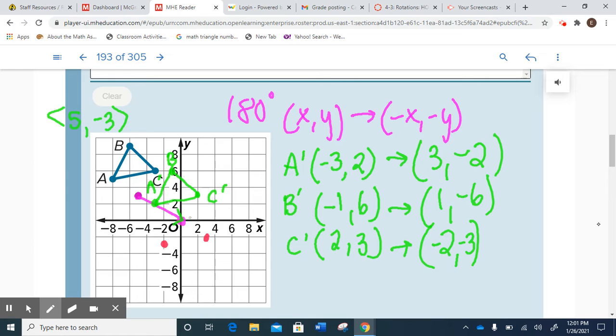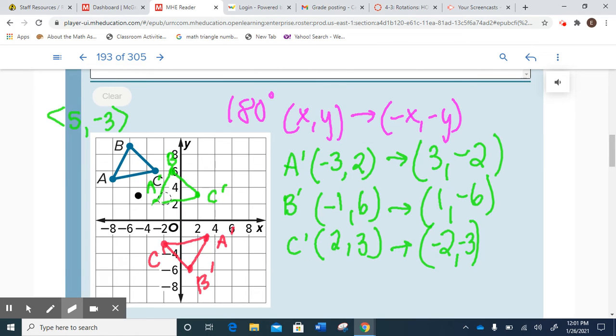And 1, -6. So this was B, C, and A. So we're not done yet. I'm going to go ahead and erase a couple things on here.